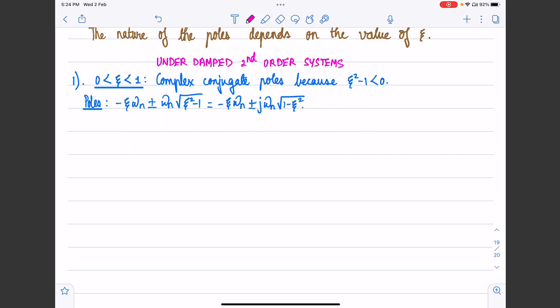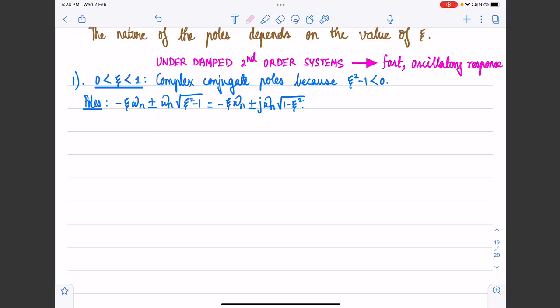We will shortly notice that they are fast but have an oscillatory response. When we analyze the step response of such underdamped second order systems going forward, we will realize that such systems are fast in responding, but they will have an oscillatory response. I'm preemptively sharing this.